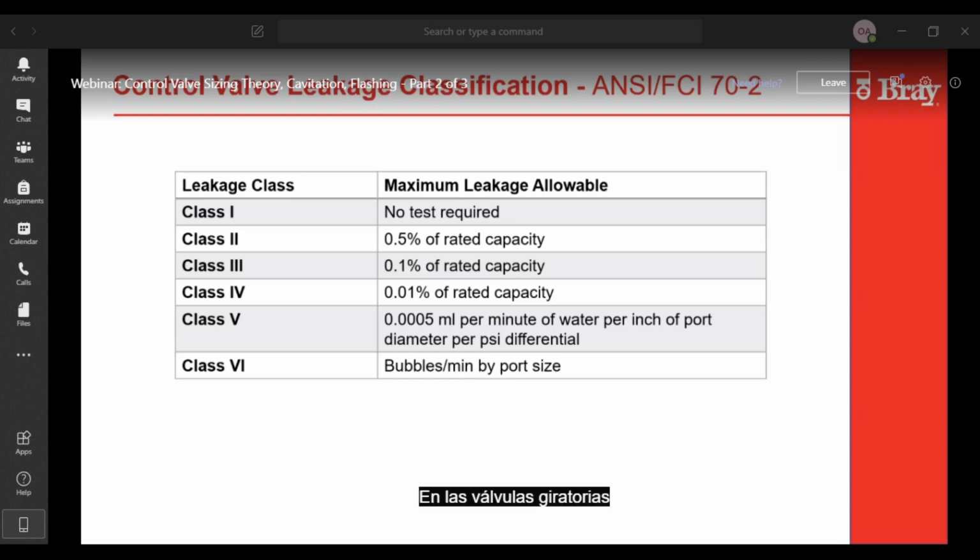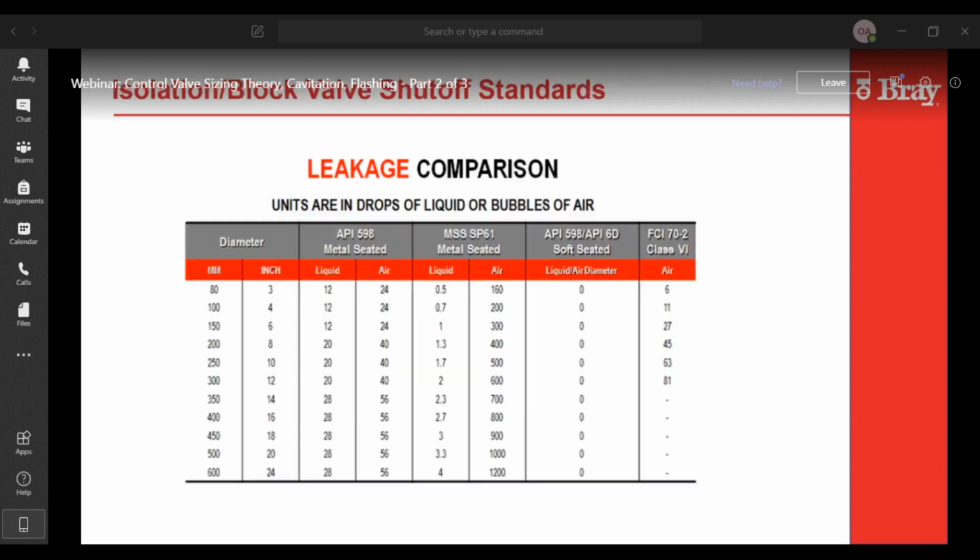On rotary valves, which is the next slide, we have a valve that is a block valve and also a control valve. So rotary valves, if they're soft-seated, which in many cases they are, adhere to the API 598, API 6D soft-seated seat leakage test that's done by the manufacturer at their facility, and the allowable leakage is 0 at the facility.